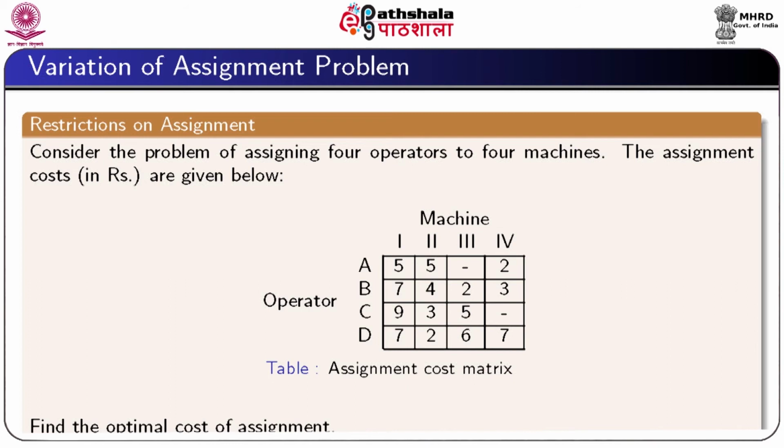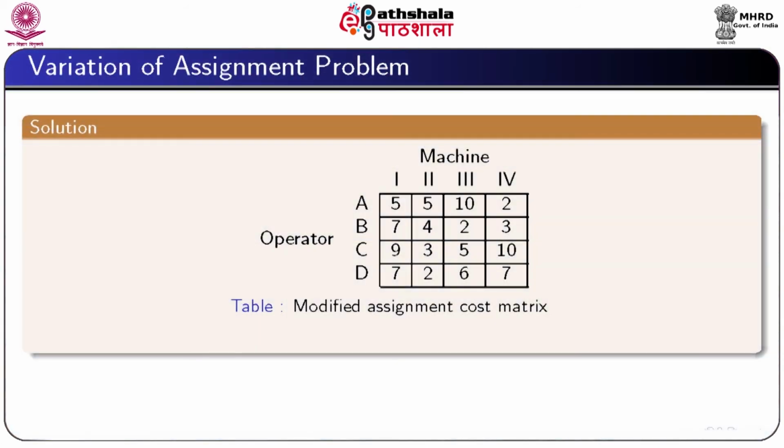To resolve this problem, we consider a large cost in these 2 cells and proceed as usual to find the solution of the assignment problem. For this problem, we assign a cost 10, which is greater than all the costs of the cost matrix.